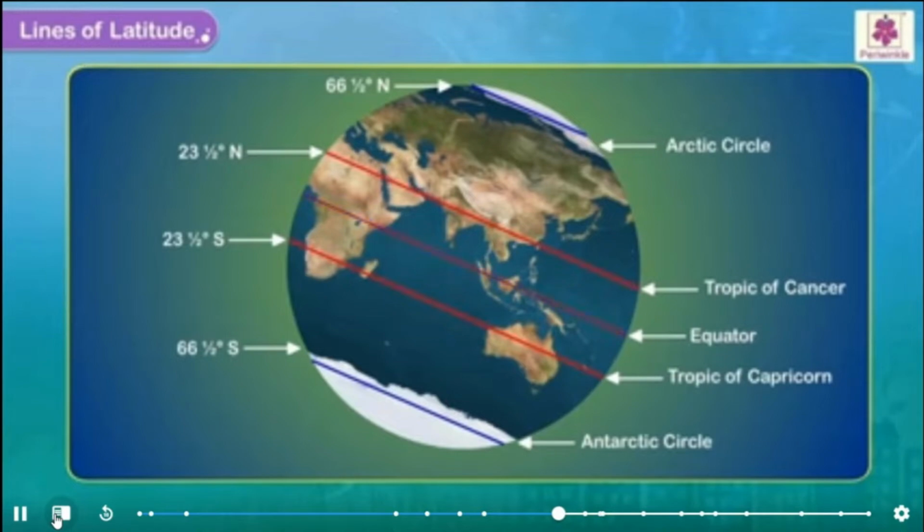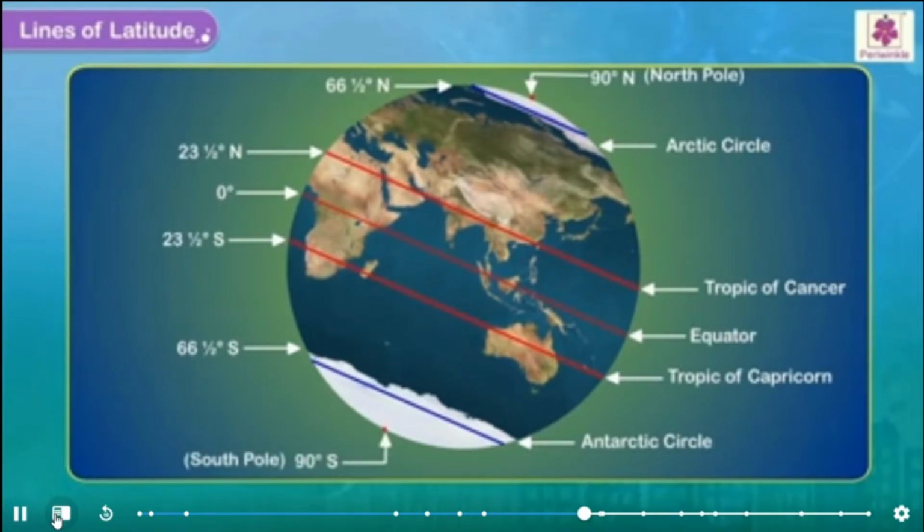The equator is marked as 0-degree latitude. The North Pole is marked as 90 degrees north latitude, which lies in the Arctic Ocean. The South Pole is marked as 90 degrees south latitude, which lies in the Antarctic Ocean.